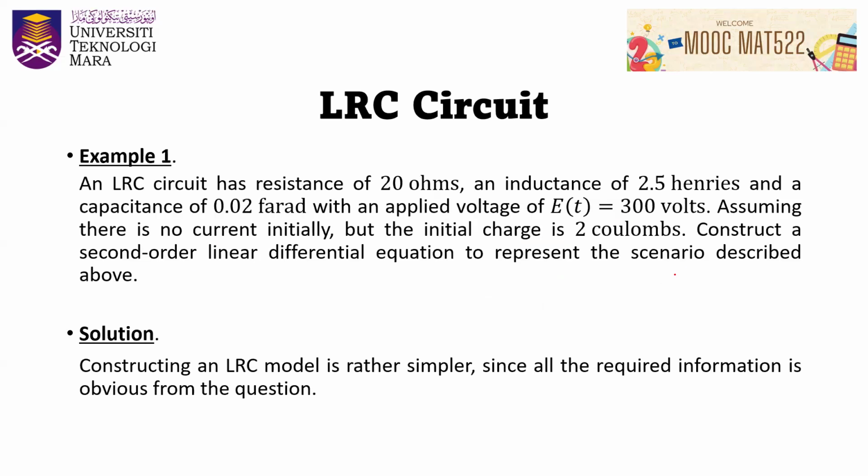Now, let's look at example one to see how we can model an LRC circuit. An LRC circuit has resistance 20 ohms, inductance 2.5 henries, and capacitance 0.02 farad with an applied voltage of E equals 300 volts.